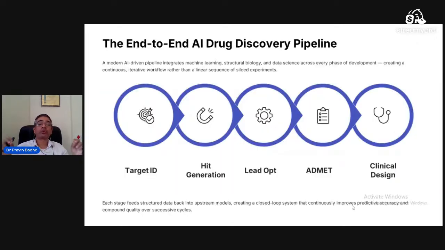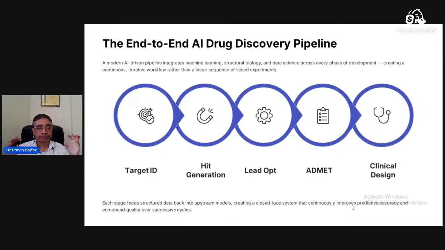So when we look at the end-to-end AI drug discovery pipeline, which I discussed in some points yesterday, from the target you can reach till clinical designing with the help of AI. Many machine learning parts of artificial intelligence are already utilized by many pharma companies and many small startups, and they are utilizing it in different phases of drug discovery.